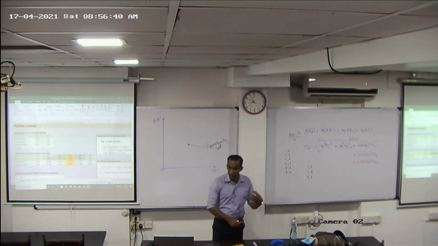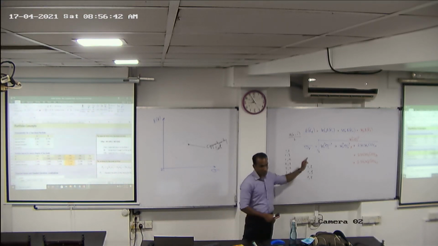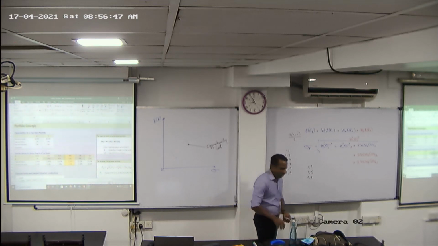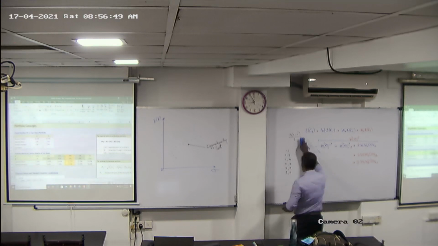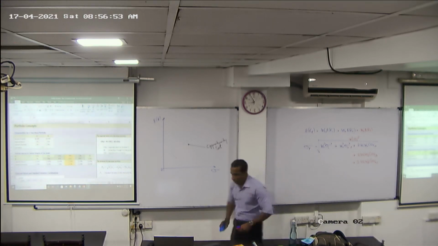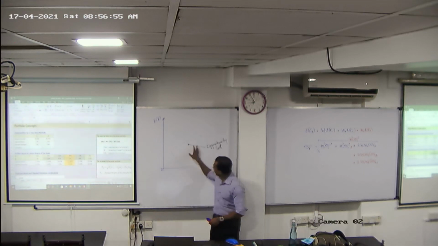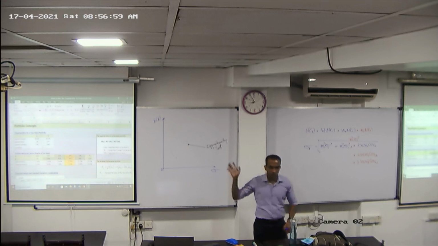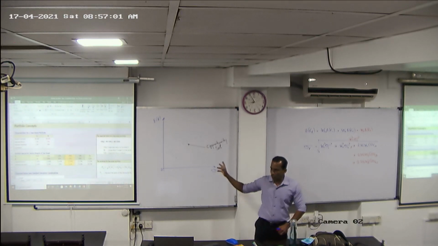Therefore, when the number of assets increases, it's not possible to do this manually. So that is what happens to the formula. And what happened to this graph? This is the opportunity set when there are two assets. Definitely it will be a curve, either linear or non-linear, when there are two assets.